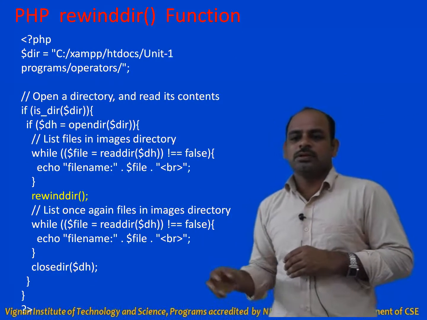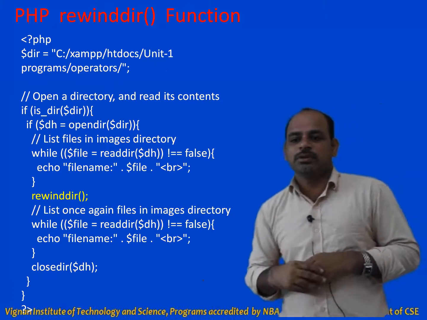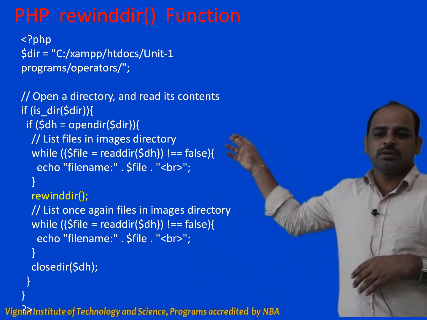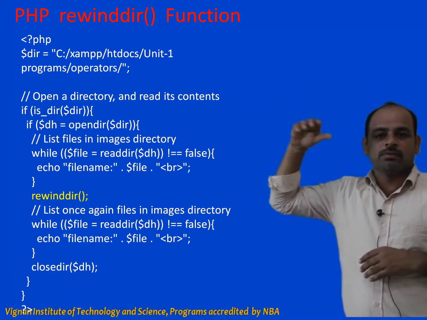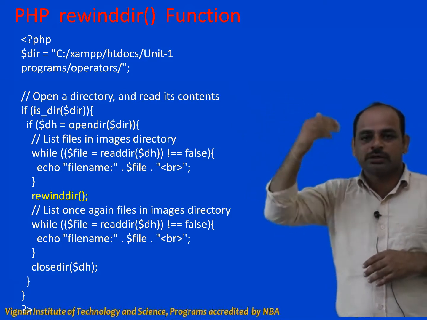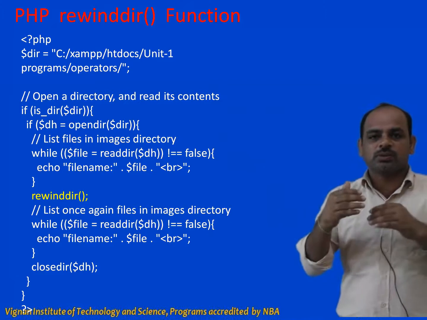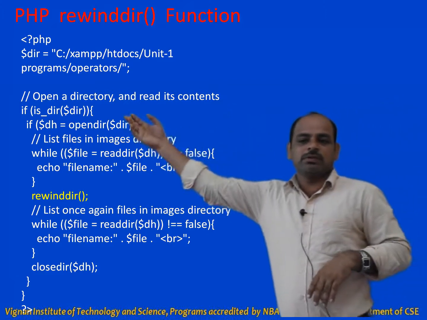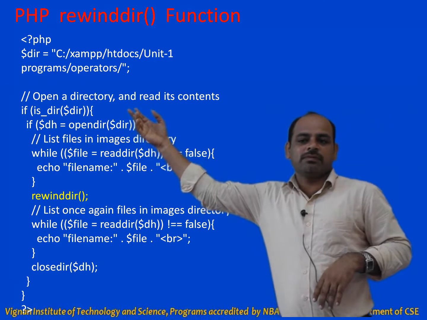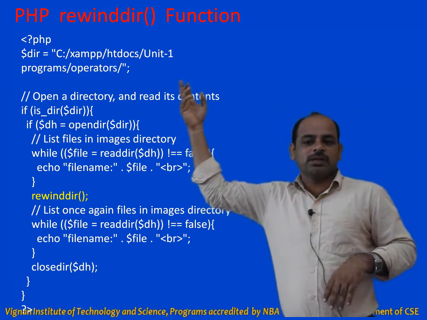You can see this is the program demonstrating the rewinddir function, which is the same as our previous program to read the content of the directory, but this code is repeated twice. First we verify with is_dir whether that particular operators directory exists or not.